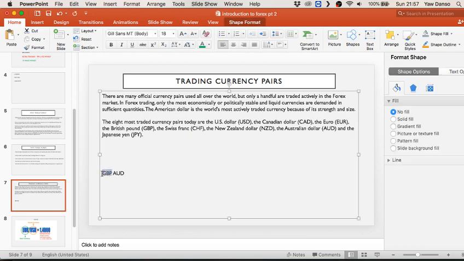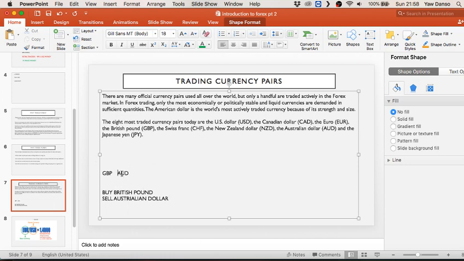If I want to buy the British pound and sell the Australian dollar, okay, buy British pound, sell Australian dollar, okay.